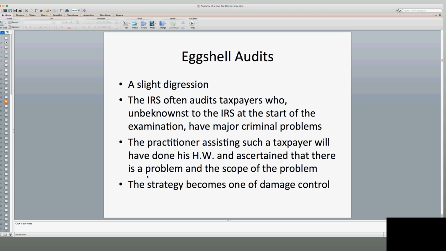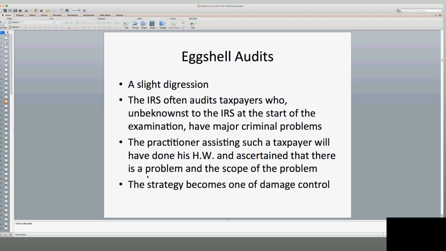Now, the major criminal problem element is usually known by the client, him or herself, and sadly, in these cases, the CPA or tax professional representing the taxpayer is just recently enlightened on this by a nervous taxpayer who is breaking out in hives and is very nervous.